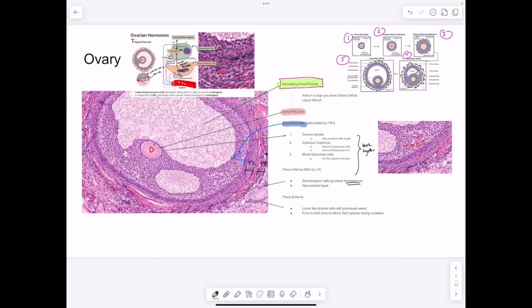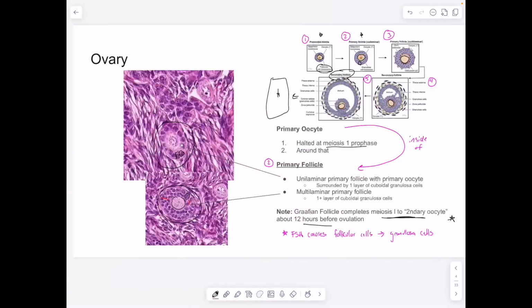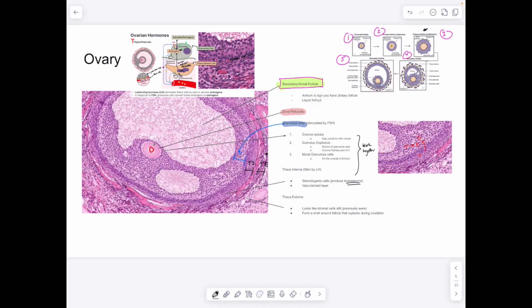Okay, so after you've finished being a primordial follicle, we said that the granulosa cells are doing a couple of things, but one of them is they are producing a liquor folliculi, and so that accumulates inside of the follicle. And so once you start to see this sort of giant space, we'd call this the antrum, you now have a secondary follicle, all right?